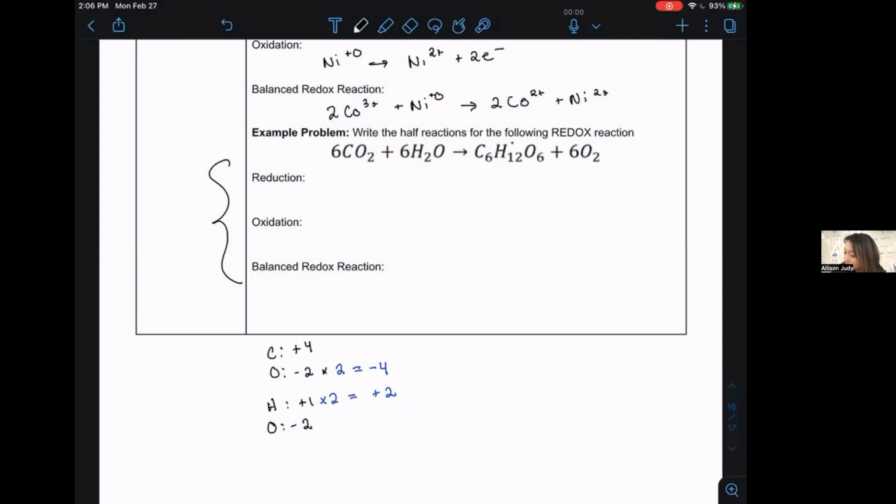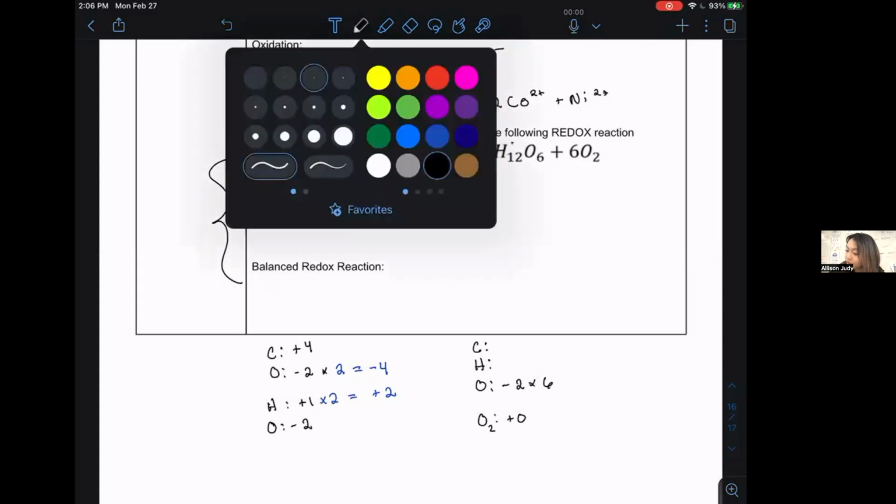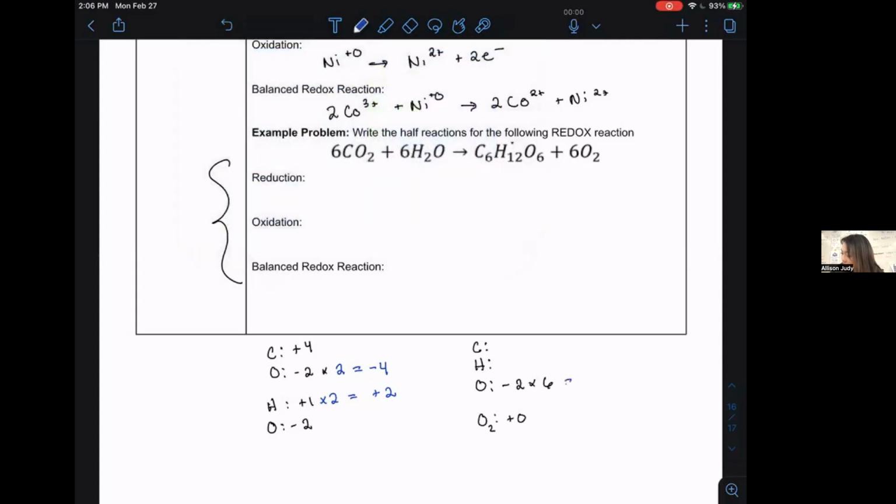Now let's look at your product. We have C, H, and O all combined, and pure diatomic oxygen, which is going to be 0 because it's a pure element. Now let's look at oxygen. We have -2 times 6 of them, so you're going to have a value of -12 that you're going to have to even out with the H's.